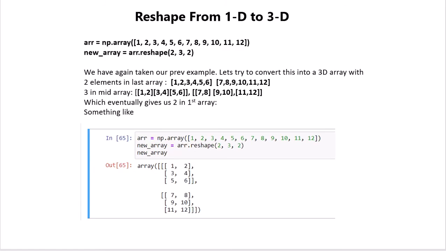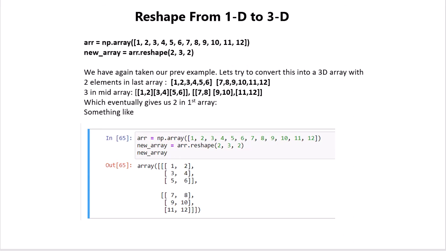Anyway, this is another example in which I am reshaping this 1D to 3D. I have one unidimensional array, and I want to convert this into a three-dimensional array. So a three-dimensional array with 2 3 2, in which the first number represents the two elements of the outermost array. This gets a little confusing, I agree, but it's just because I'm saying it.